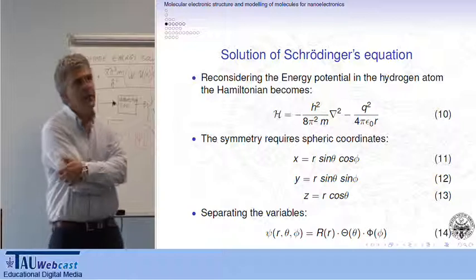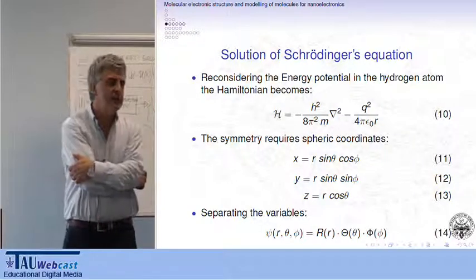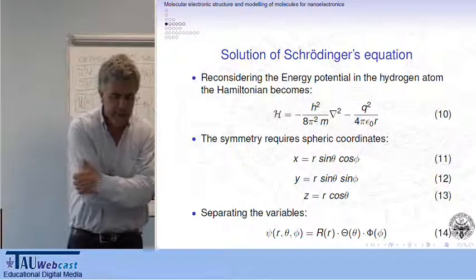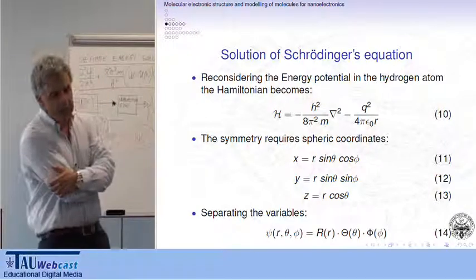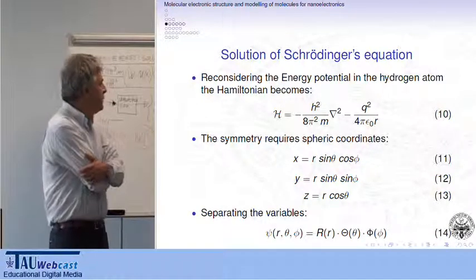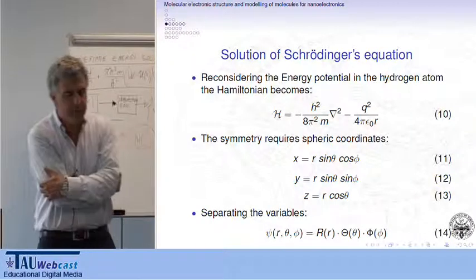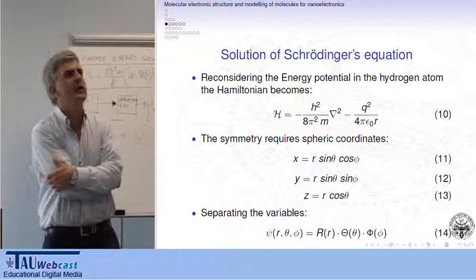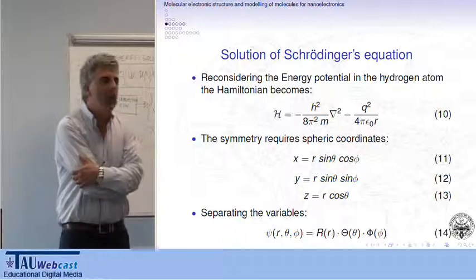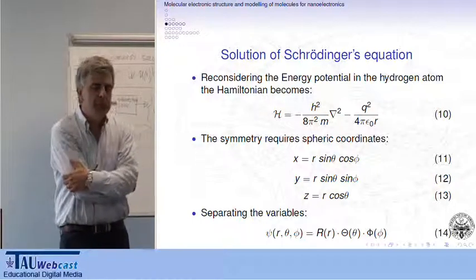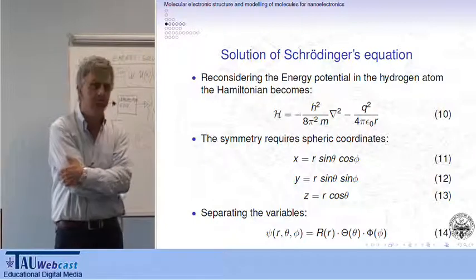So the solution of this equation is not so easy because it requires a lot of mathematics. But now we can understand why it's relevant for us to reconsider this solution. Because orbitals of atoms will be used as basic blocks to define molecular orbitals.